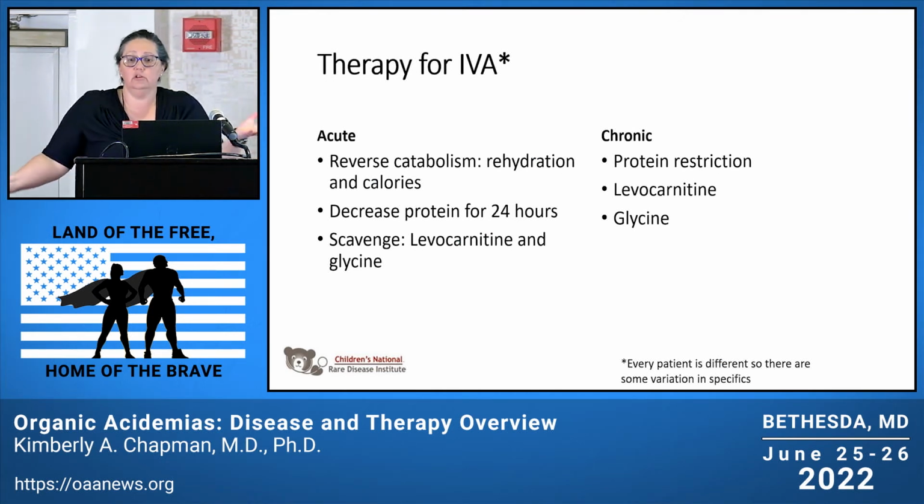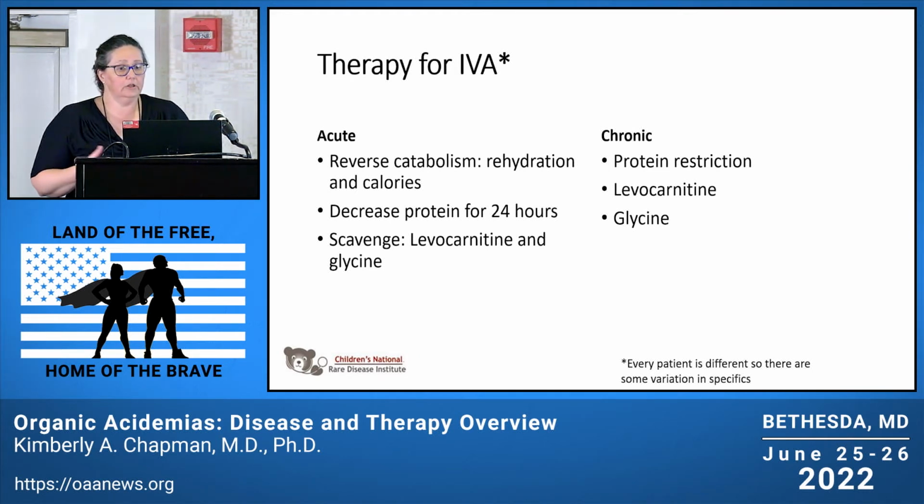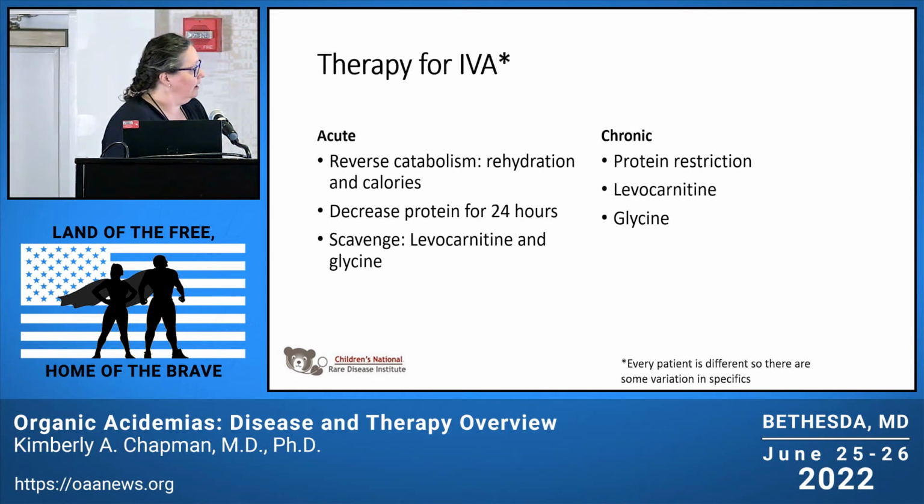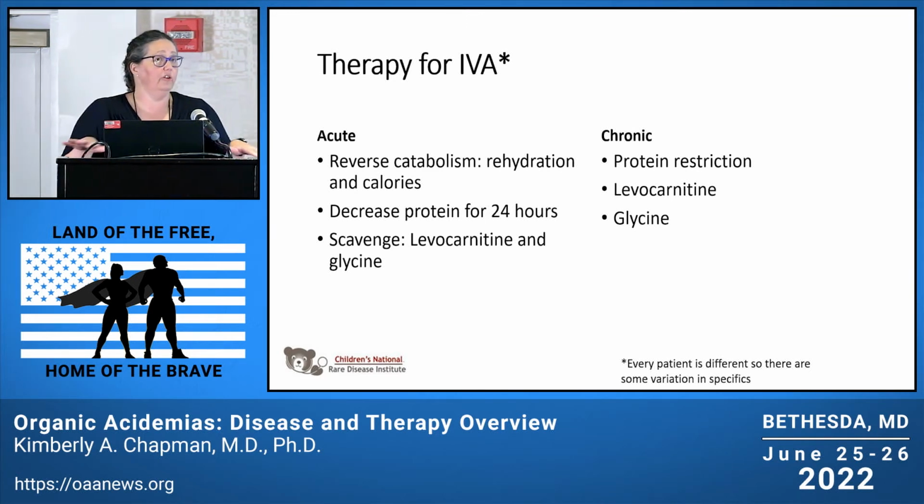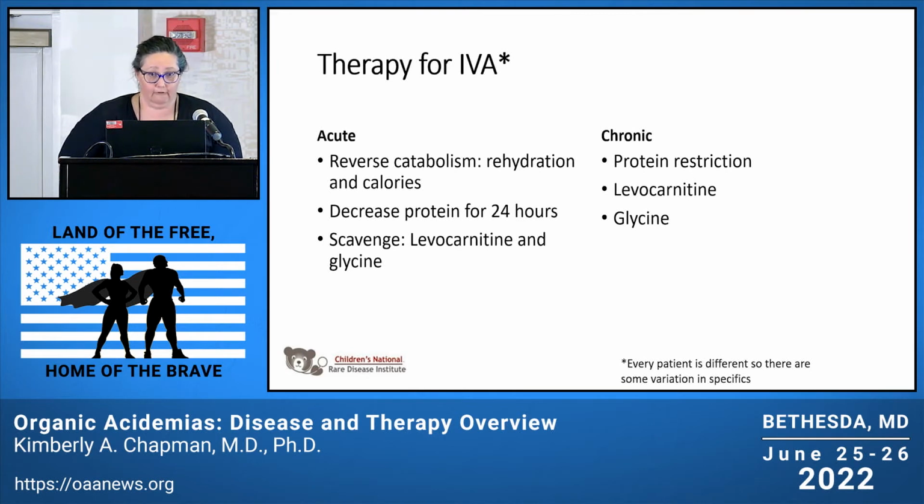So we're going to do all the same thing, right? The acute therapy, we're going to reverse catabolism, we're going to decrease exposures, and we're going to scavenge the floodwater. So how do we do this here? This is where these guidelines are not particularly helpful, because all these guidelines currently say is rehydration with calories. Now, what you all know we do is we say, please start D10 with electrolytes at 1.5 maintenance, because we know it's going to reverse catabolism.